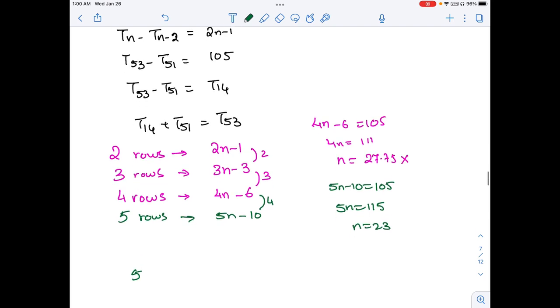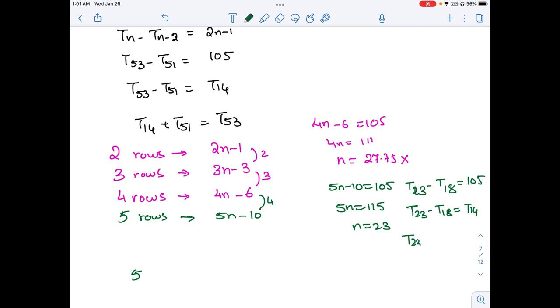If n is 23, then it becomes T23 minus T. It is 5 rows, right? So what does that become? 23 minus 5, which is 18, is equal to 105. So T23 minus T18 is equal to T14.